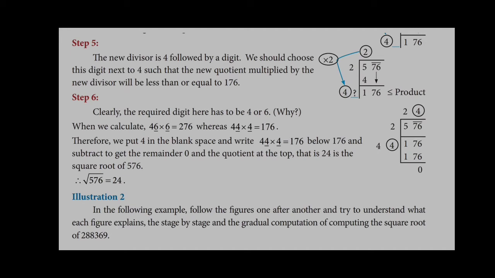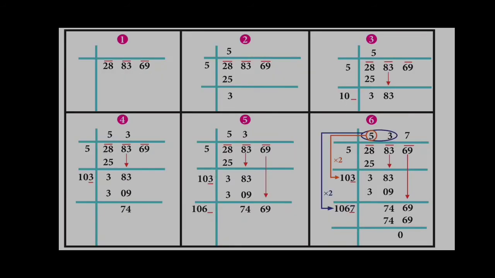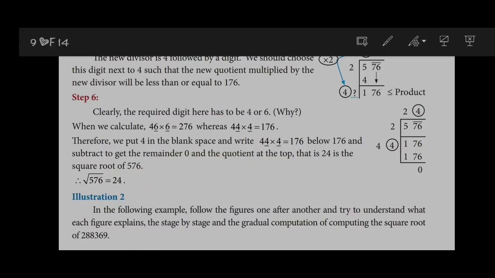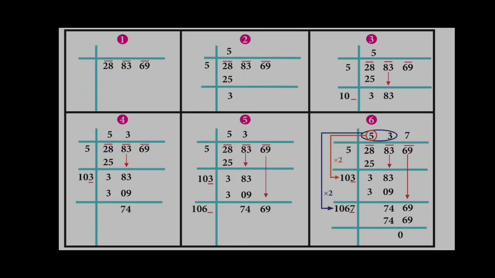Understand? So one more illustration we will see, then you can clearly understand. Before that I will read this illustration. So the number is square root of 2,88,369. So how to find these square root numbers by using long division method?